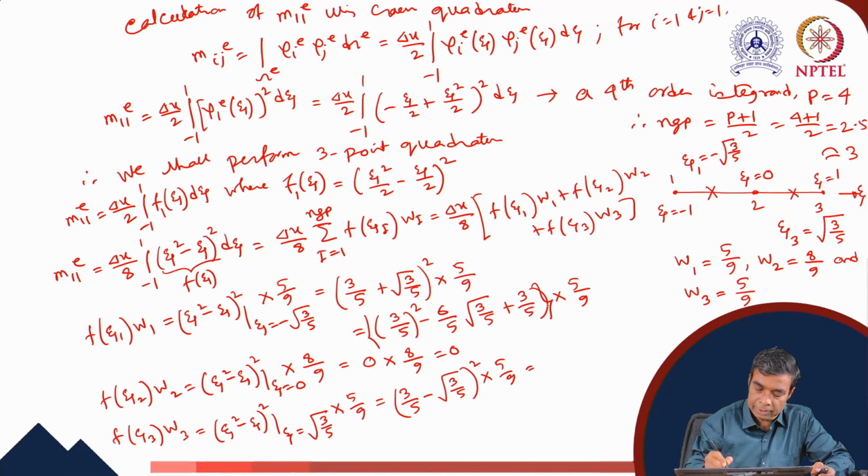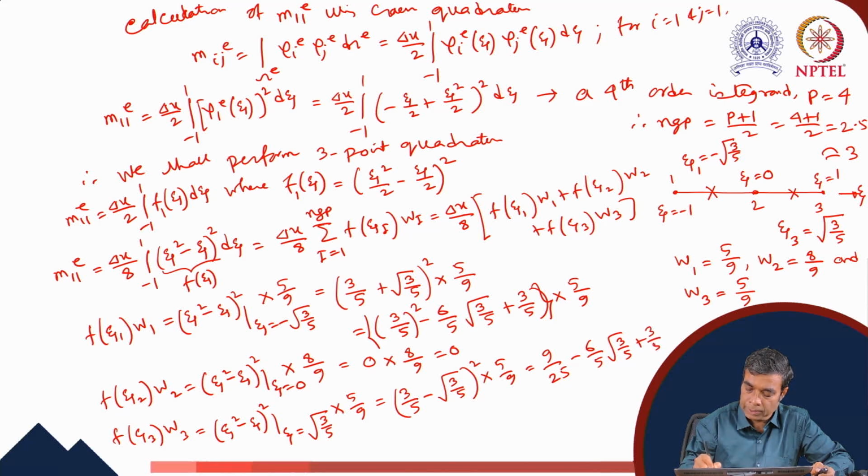There was a small error. This is certainly 3 by 5 whole square in the first place. So here we have 9 by 25 minus 6 by 5 into square root of 3 by 5 plus 3 by 5 into 5 by 9.